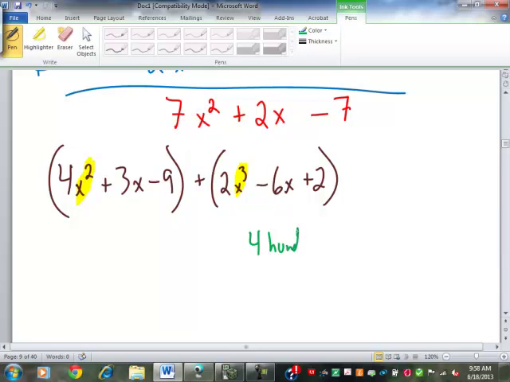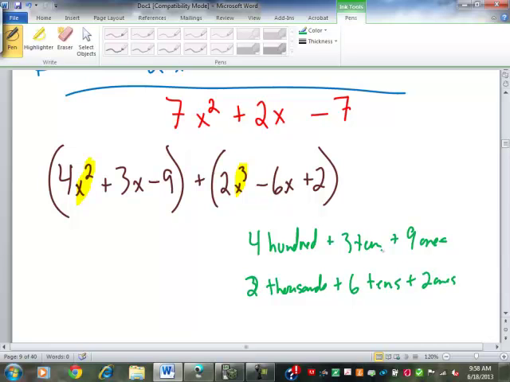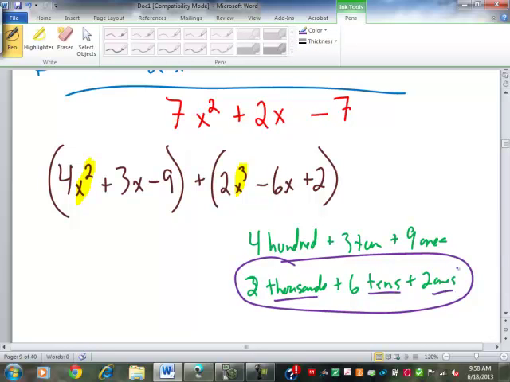This is just like if I had 4 hundreds plus 3 tens plus 9 ones. Now I realize that's a negative, but I have to keep positive in my whole numbers. And 2 thousands plus 6 tens plus 2 ones. When I write this number out without the expanded form, without the place values, what do I have to do?